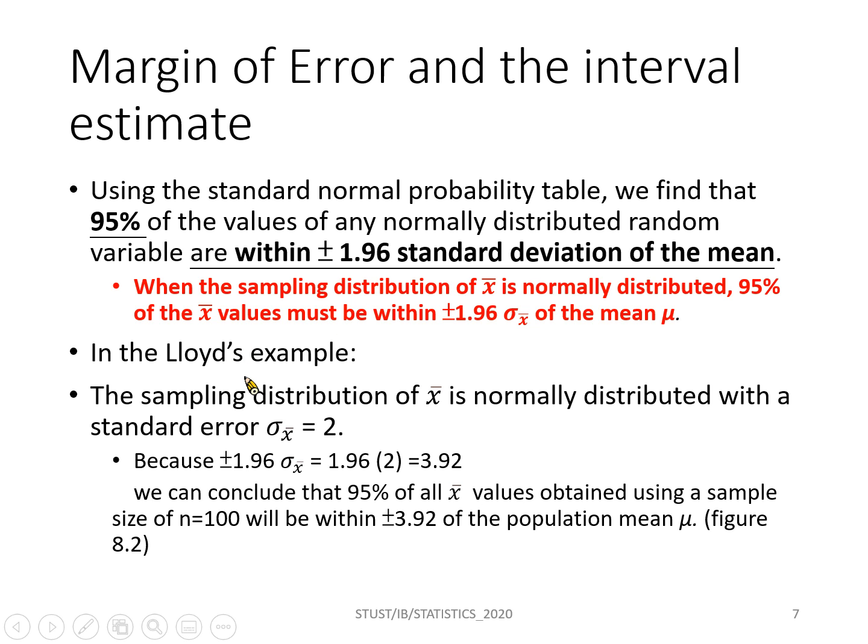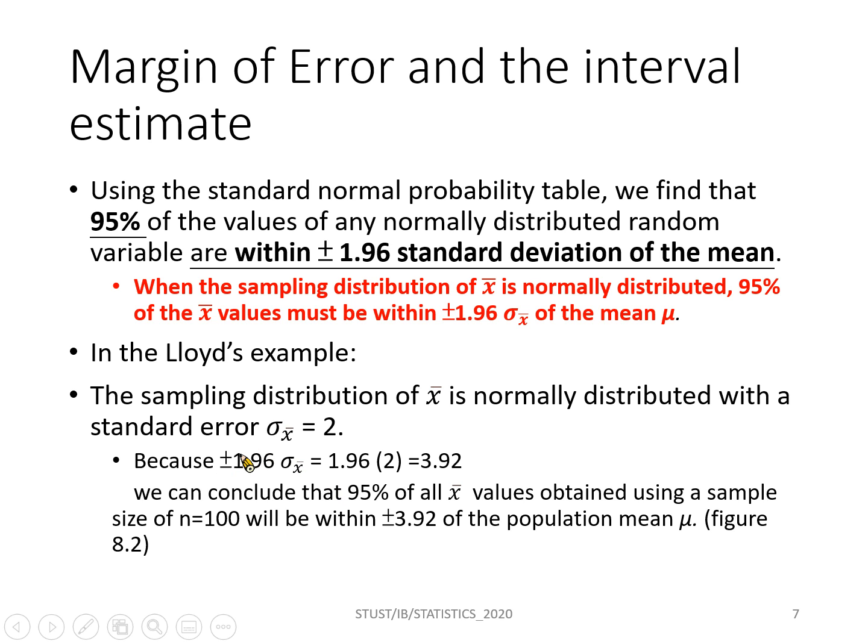In our example, the sampling distribution of x bar is normally distributed with a standard error of 2, and we want the 95% confidence interval.